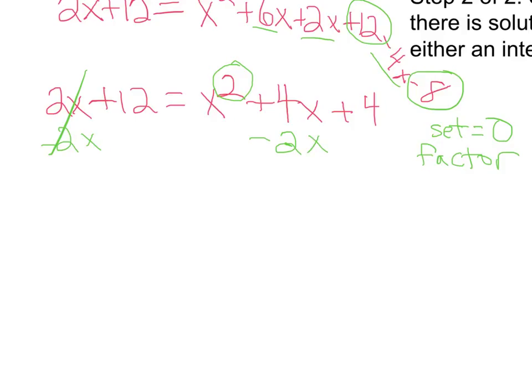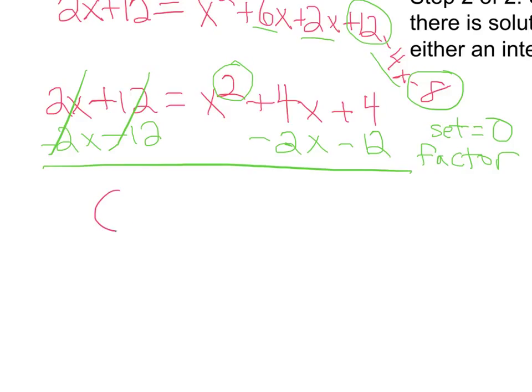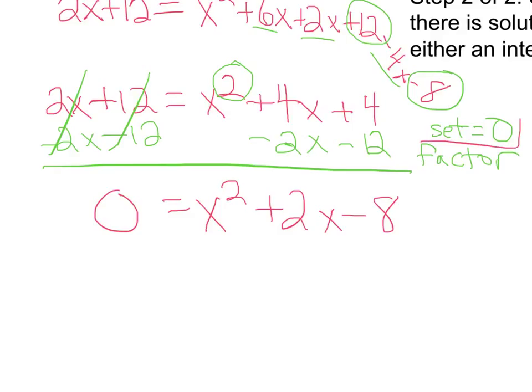And then I want to turn the 12 into 0, so I'll subtract 12 from both sides. Now we've got 0 on the left, and then x squared plus 2x minus 8 on the right. So we did the set equal to 0 part. Now we need to factor.